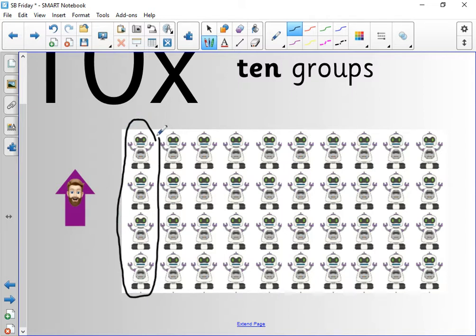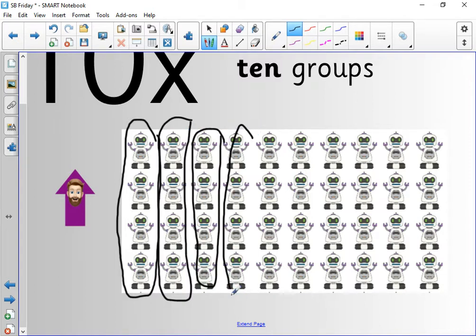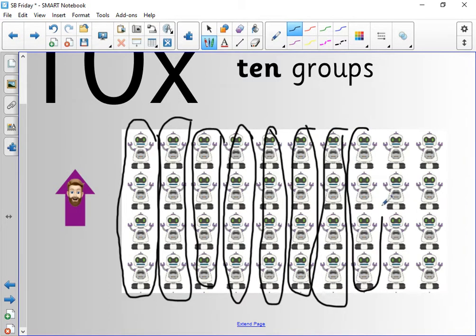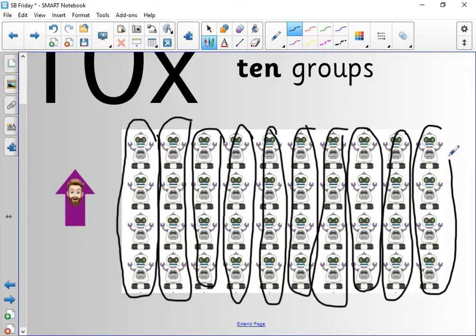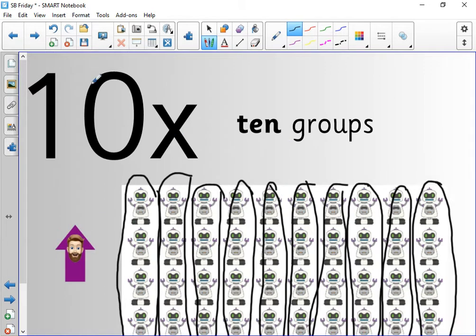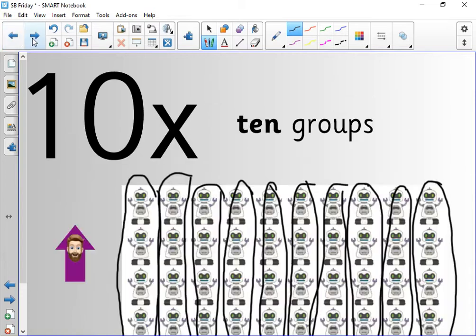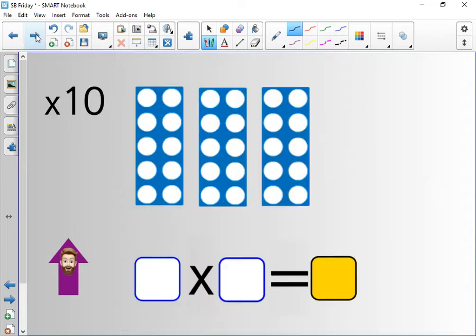There's my first group, my second group, third group, fourth group, fifth group, sixth group, seventh, eighth, ninth, and 10th. So when we're learning the 10 times table, it's 10 groups or groups of 10, but we can use our counting in 10 skills for both.